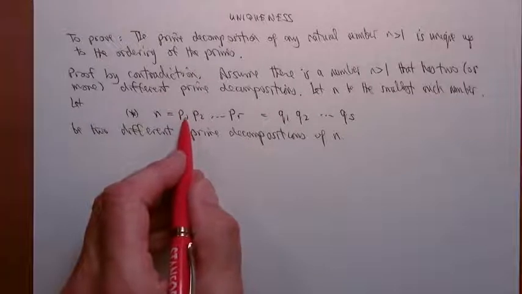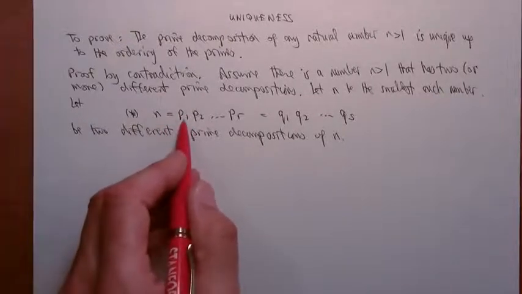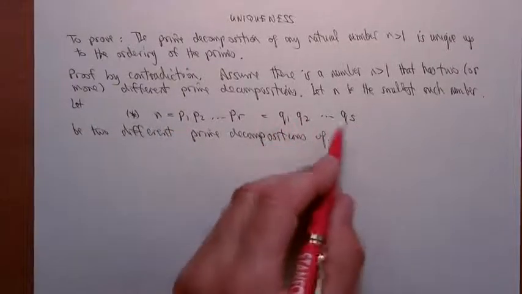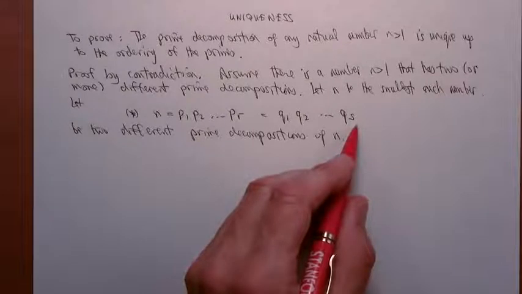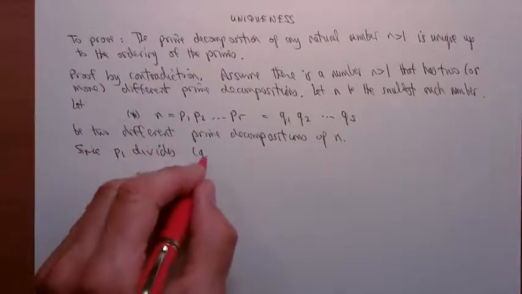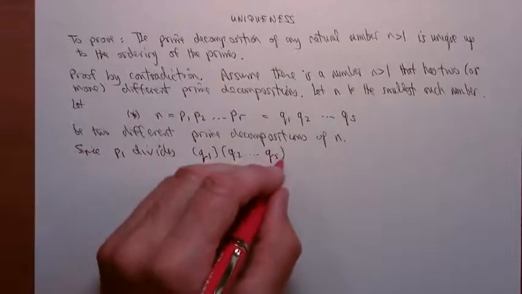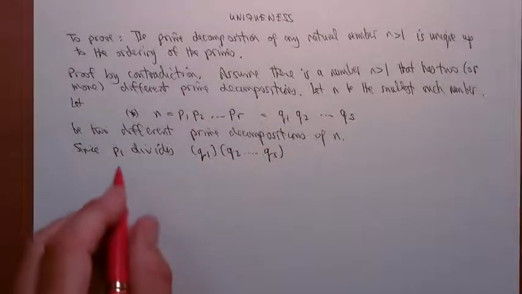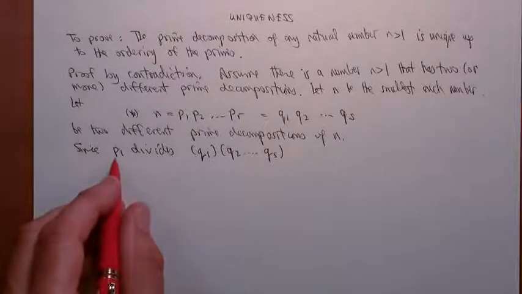Well, p1 is a prime factor of n, so p1 divides n, so p1 divides this product. Since p1 divides q1 times q2 through qs, let me stop at this moment and see what I've done.